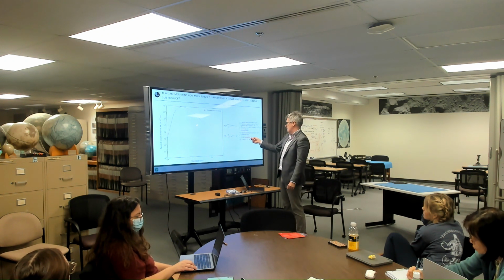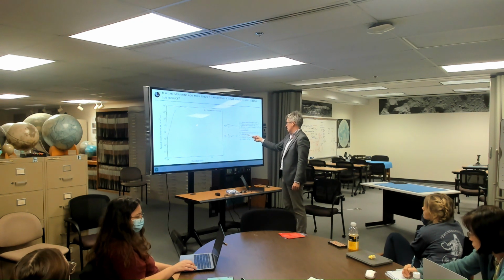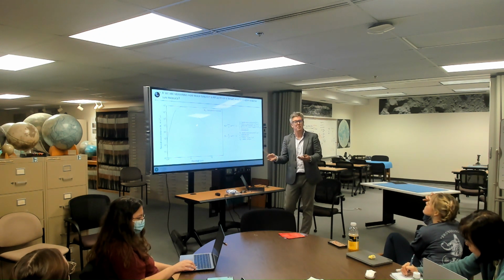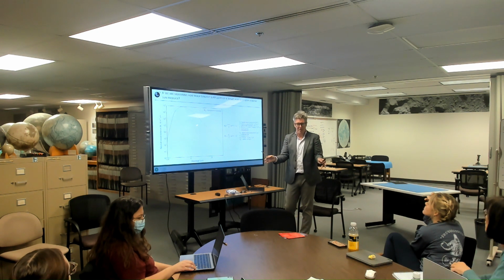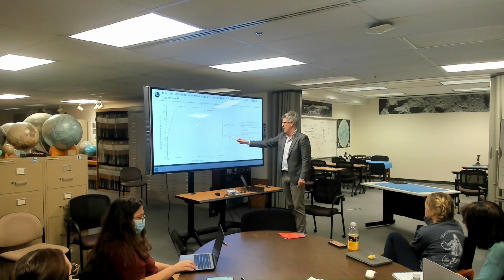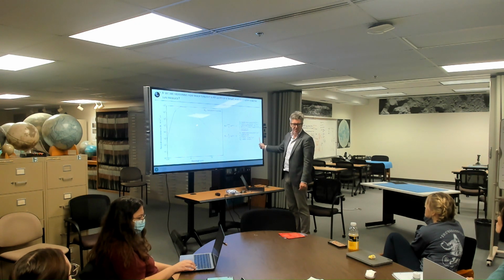Conveniently, in this case, temperature is still in Kelvin, but I've converted wavelength from meters to microns. So the output is in watts per meter squared per micron. We use microns because we don't use meters, because the waves we care about are half a micron. So all I've done between here and here is simplified it a little bit and converted the units to something more realistic or reasonable for us.